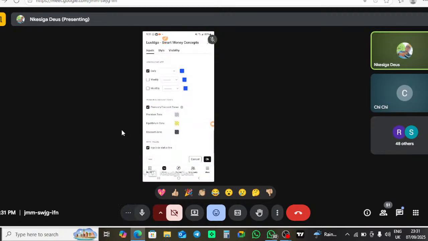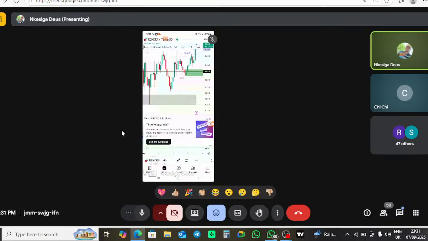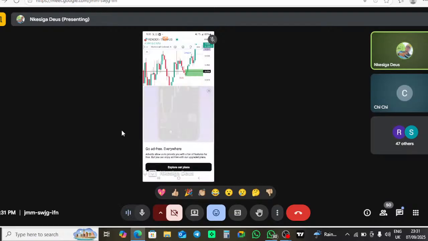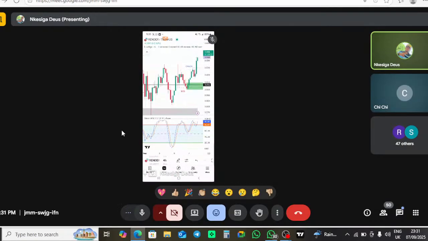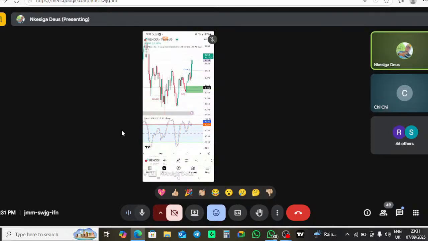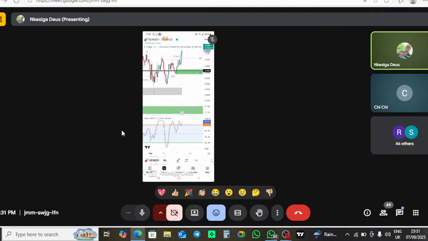From there, we click the three dots here, save as default and OK. So your settings must be in that state, and your chart must look like what you are seeing here.